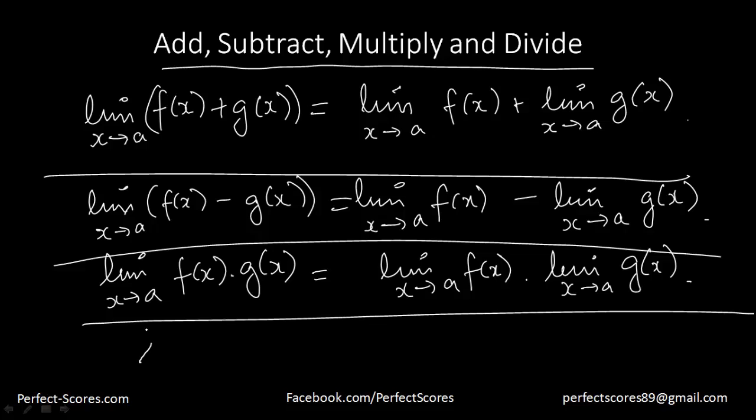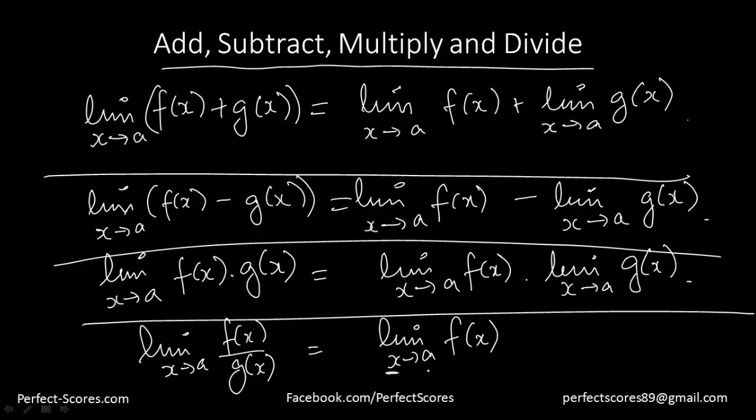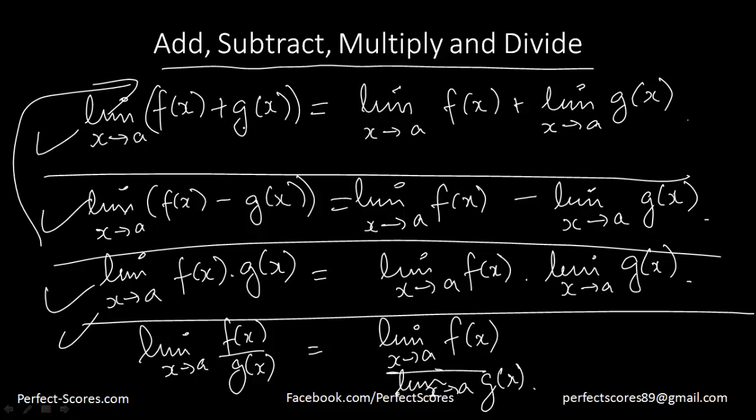Same goes for division as well: limit x tends to a of f of x divided by g of x is going to be equal to limit x tends to a of f of x divided by limit x tends to a of g of x, right? So all four mathematical operations are followed by the limit, something that would be very, very valuable to you when you plan to solve some questions related to the limit part.